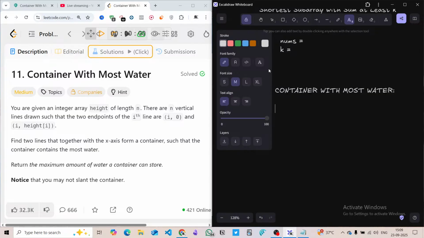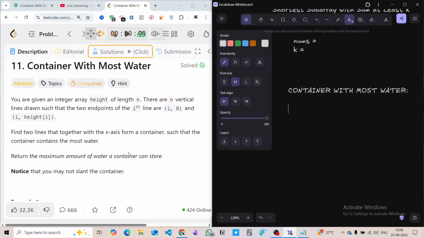So yeah, first we need to understand the problem, what they are given, and then what they are expecting us to solve. So they are given an integer array, height of length n.